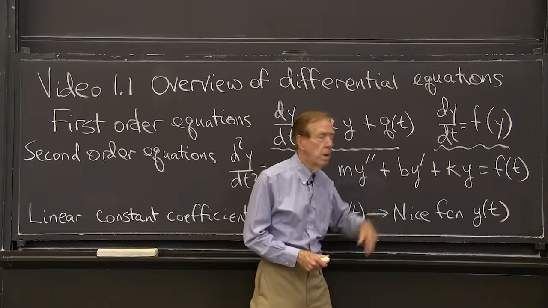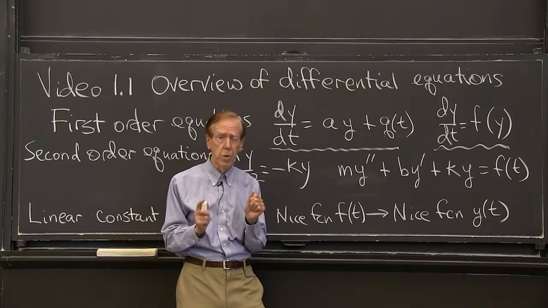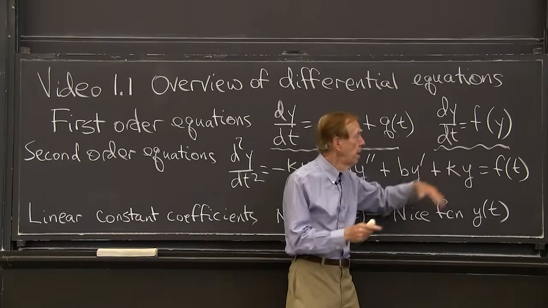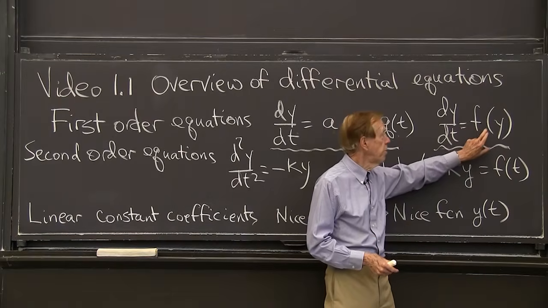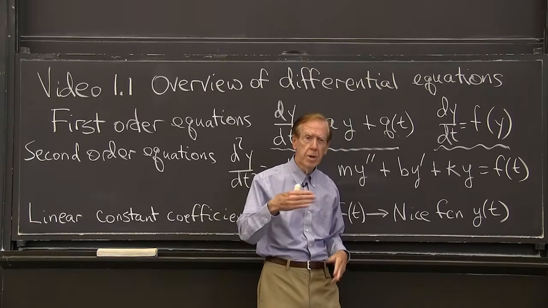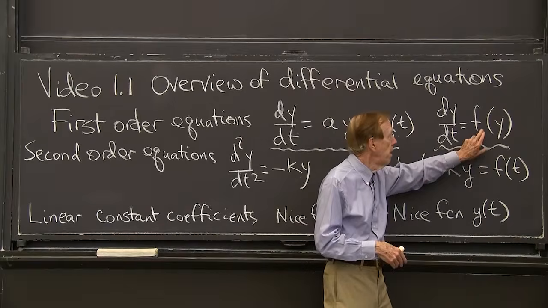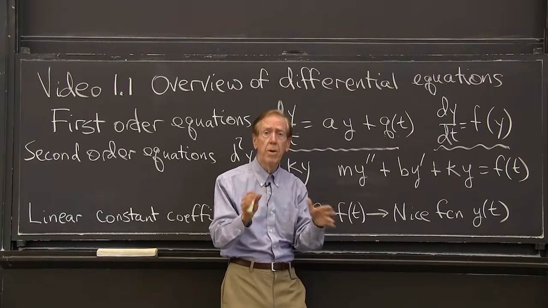Here we won't. Well, we'll come pretty close to getting a solution because it's a first-order equation. And the most general first-order equation, the function would depend on t and y. The input would change with time. Here, the input depends only on the current value of y.